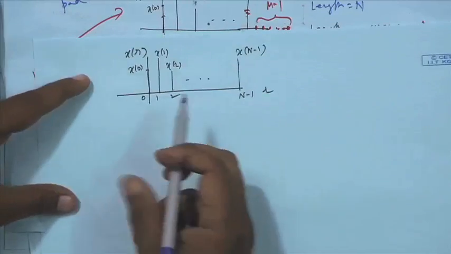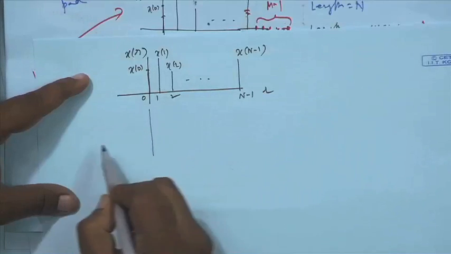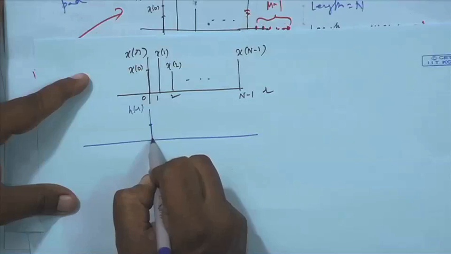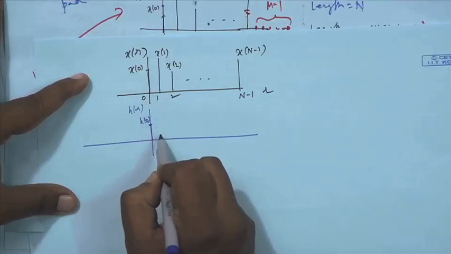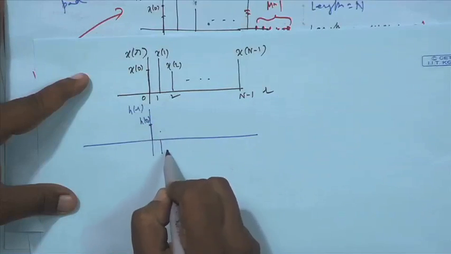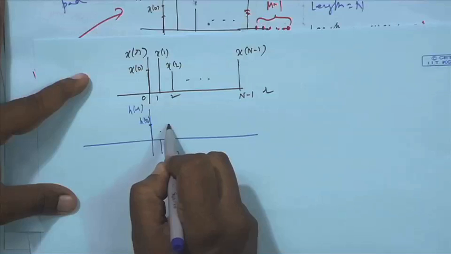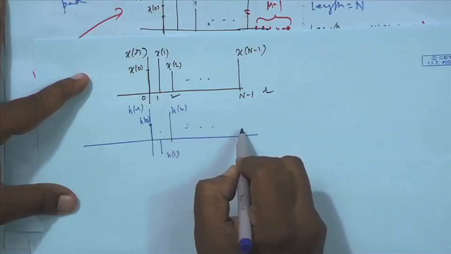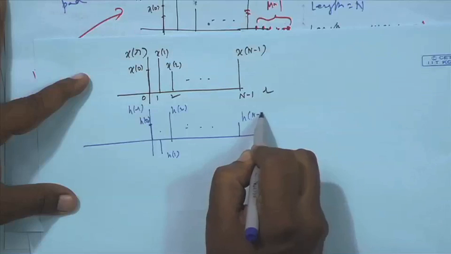Other sequence, first I write as function of r: H0, H1, H2 dot H n minus 1.